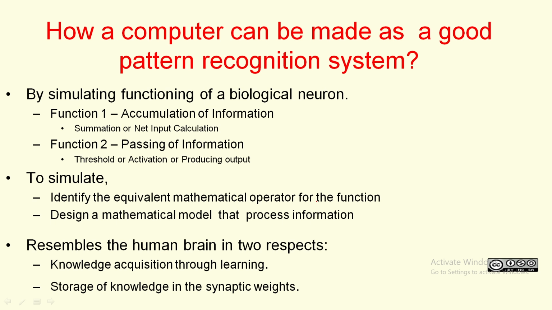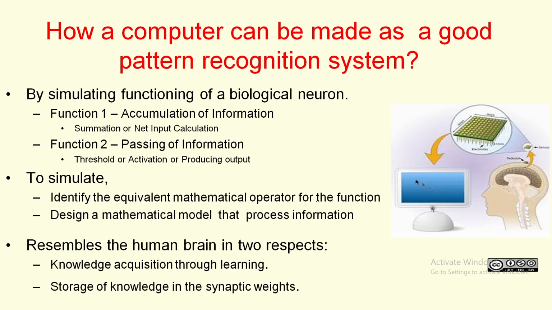To simulate, you have to identify the equivalent mathematical operator for each function mentioned. What is the first function? Accumulation. What is the second function? Passing of information, for which also you have to design a mathematical model that processes the information. If you do so, you can achieve the task of the human brain.